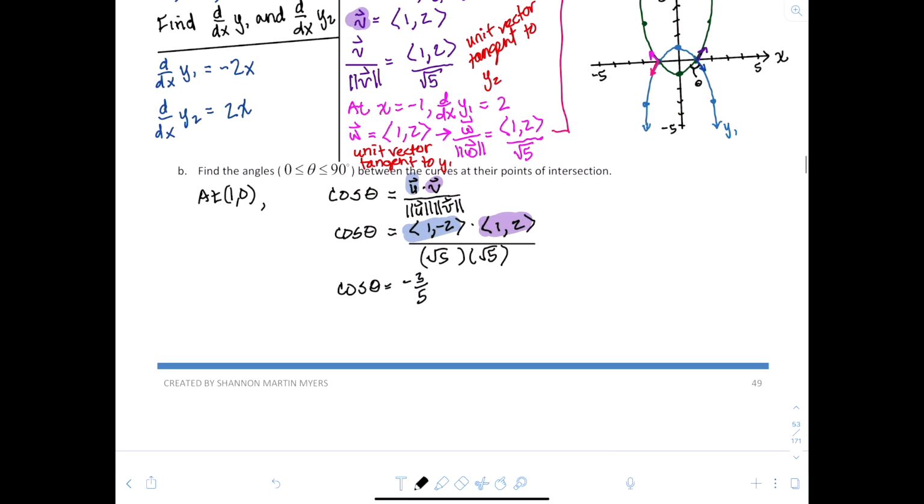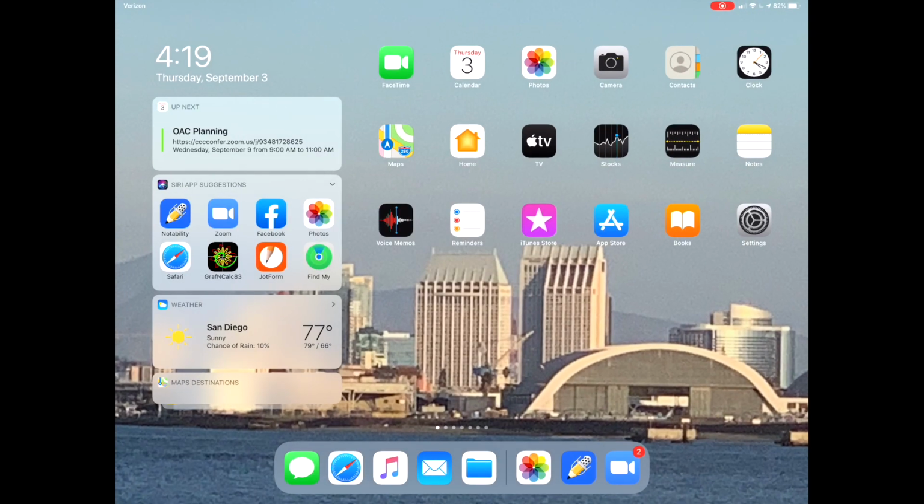Now, when you find the inverse cosine of this, you're going to end up getting something in the second quadrant, remember? And we're looking for something between 0 and 90 degrees, so we're going to have to subtract our result from 180 degrees. So anyway, let's go into our calculator.